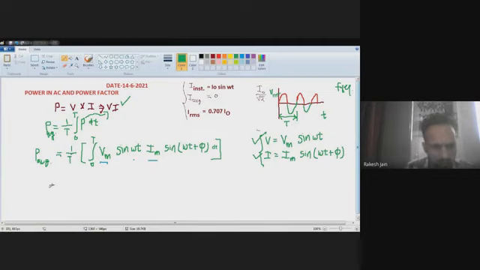So this is equal to 1 upon T. Vm and Im are outside this integration, so I just put them outside.